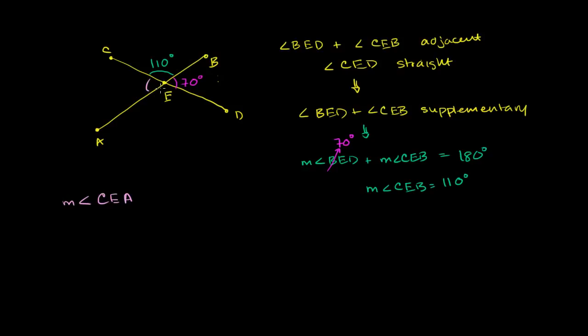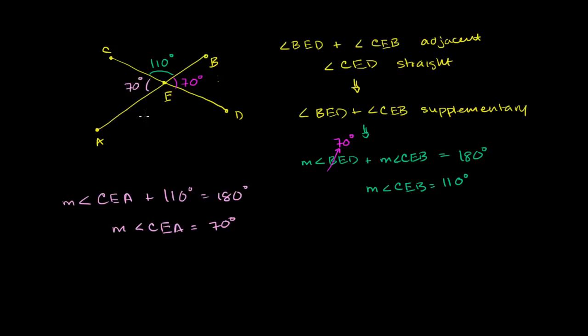So they must be supplementary, so they must add up to 180 degrees. So the measure of angle CEA plus the measure of angle CEB, which is 110 degrees, must be equal to 180 degrees. So once again, subtract 110 from both sides. You get the measure of angle CEA is equal to 70 degrees. So this one right over here is also 70 degrees.